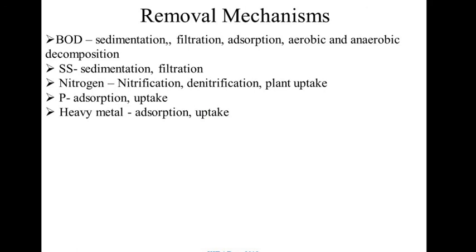Removal mechanism: BOD can be removed by sedimentation, filtration, adsorption, aerobic and anaerobic decomposition. Suspended solids can be removed by sedimentation and filtration. Nitrogen can be removed by nitrification, denitrification, plant uptake, and phosphorus by adsorption, heavy metals by adsorption and uptake.